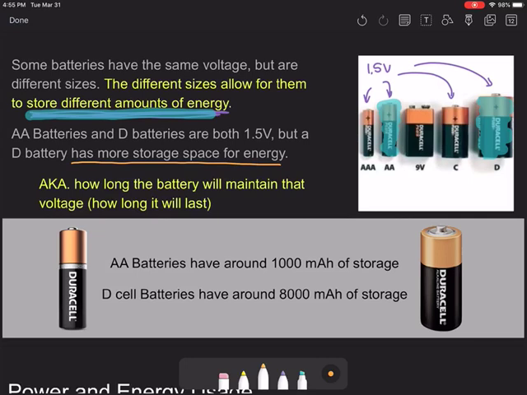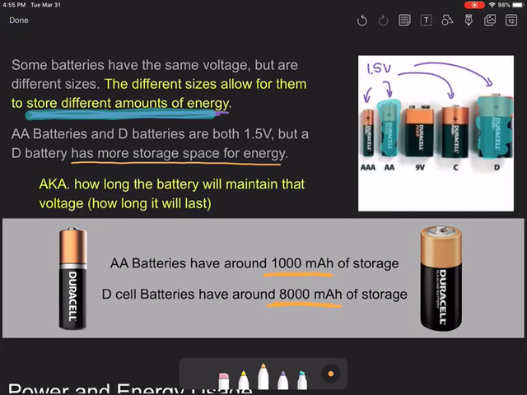And when we take a look at a little bit of comparison, we're not necessarily going to be using these units here. AA batteries will have about 1,000 milliamp hours of storage, whereas a D cell battery will have 8,000 milliamp hours of storage.